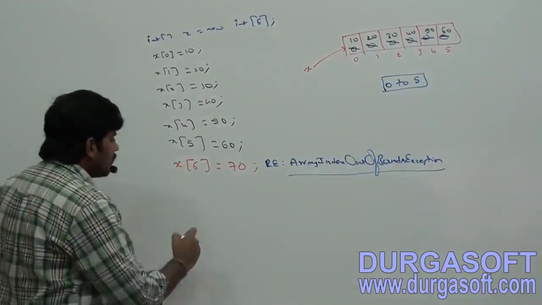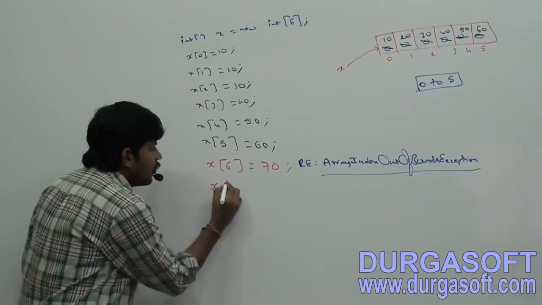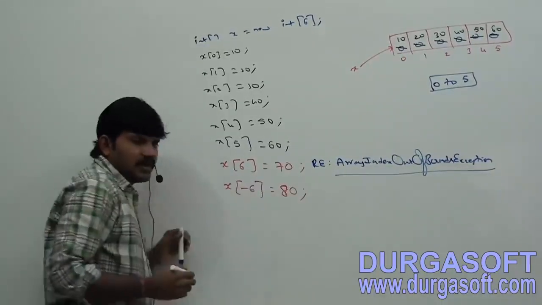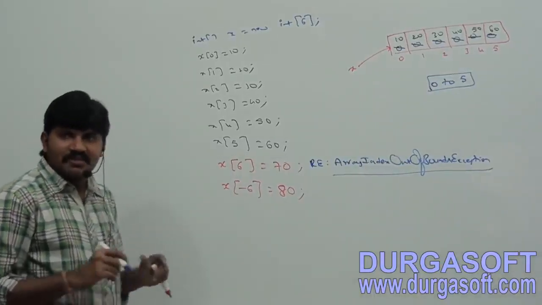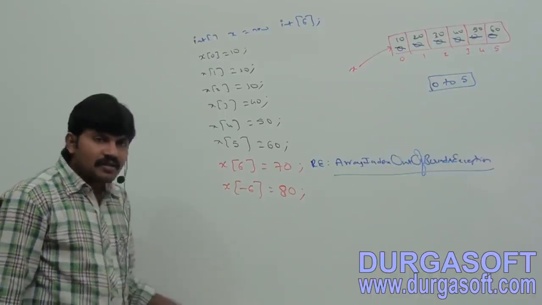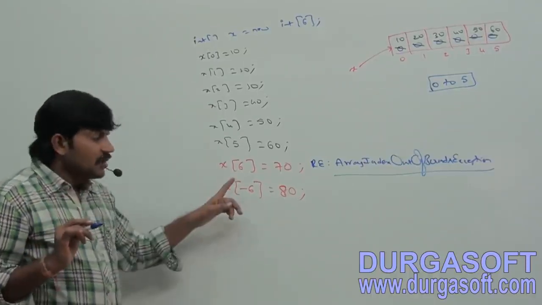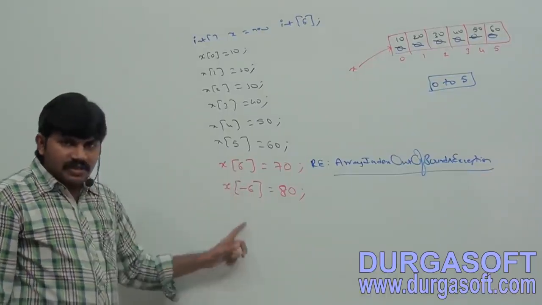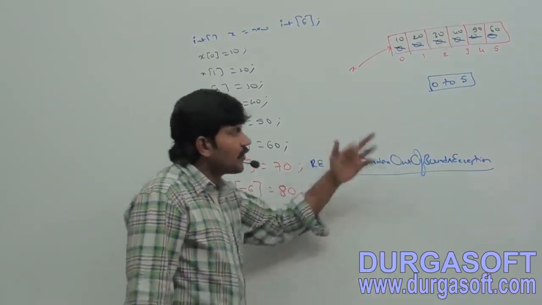Next, x of minus 6 is equal to 80. Can you tell what will happen? Sir, whether it is negative? No. Whether it is plus 6 or minus 6, it is an out of range index only.